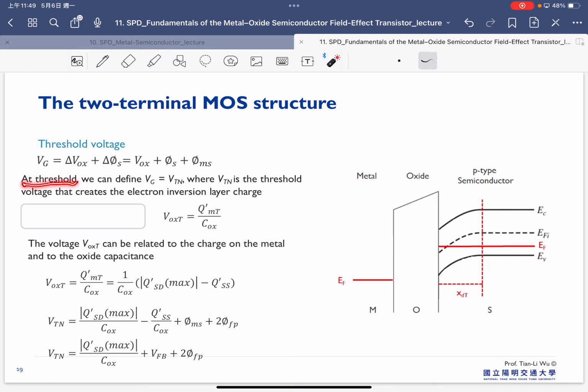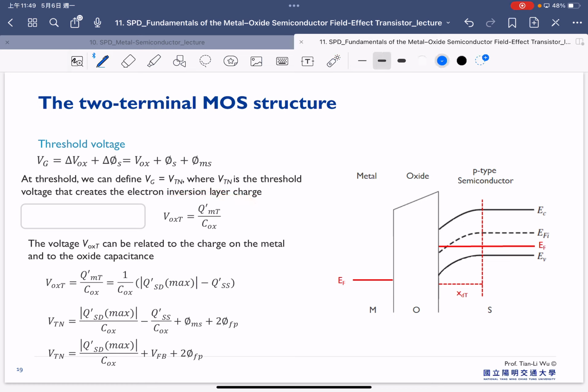At the threshold, we can define the threshold voltage: the gate bias is equal to VTN, where VTN is the threshold voltage at which we start to create the inversion layer charge density.